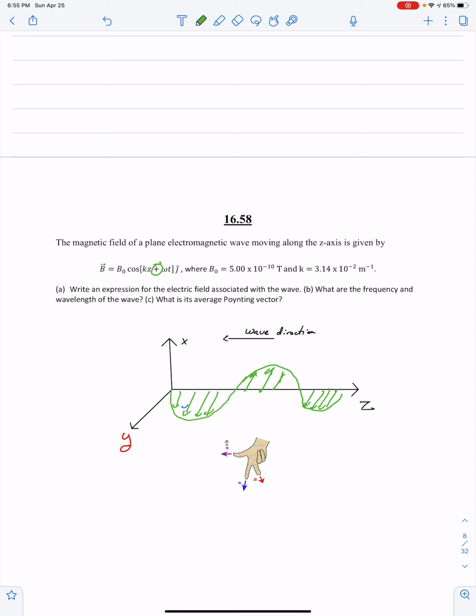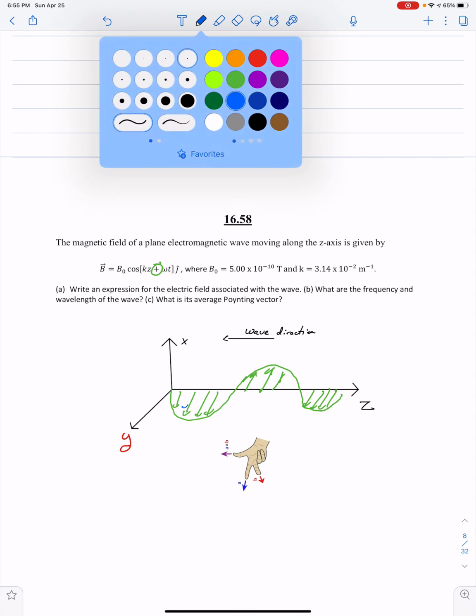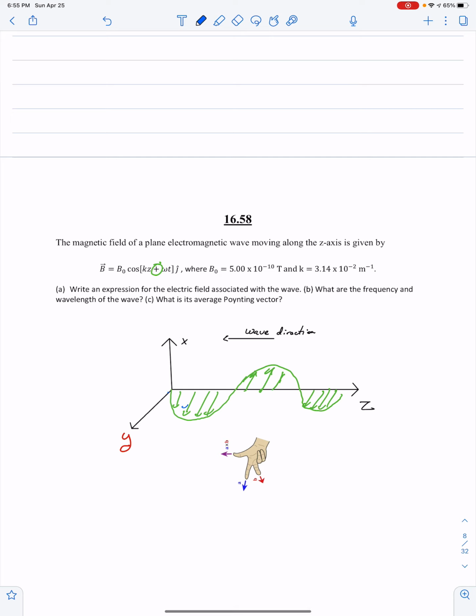So let's put it in blue. It is going downwards in the X direction. And notice that it's going opposite of the positive X direction.